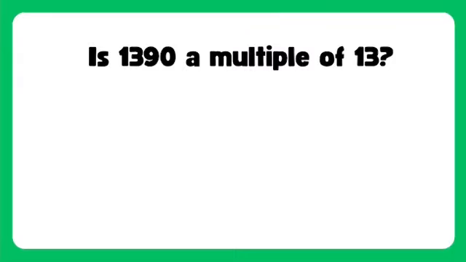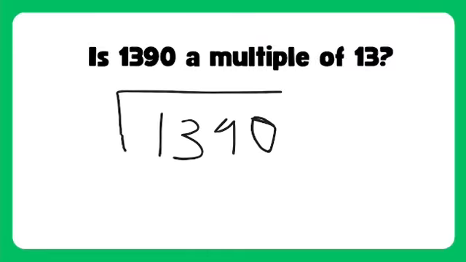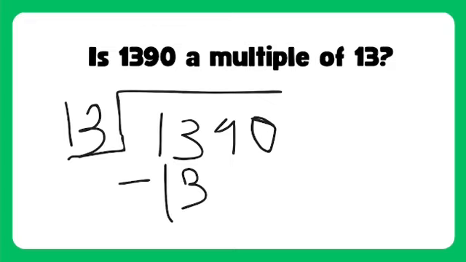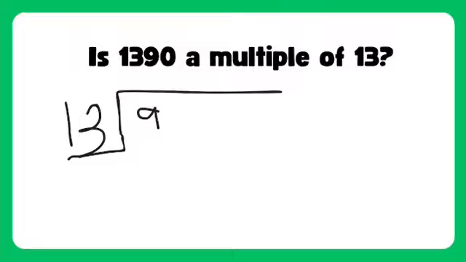Is 1390 a multiple of 13? For this one, we are just going to be dividing it by 13, because obviously we have not done any rule for 13. So we are just going to try dividing 1390 by 13. We can subtract 13 and get 0, so I'm just going to leave us with 90.